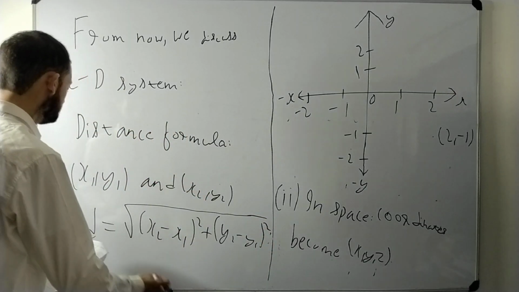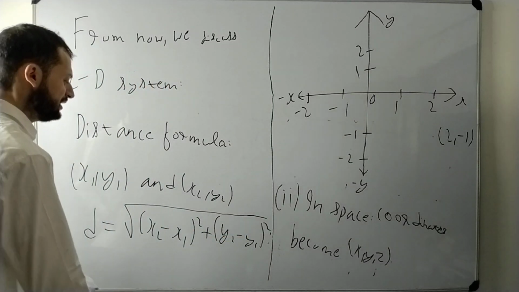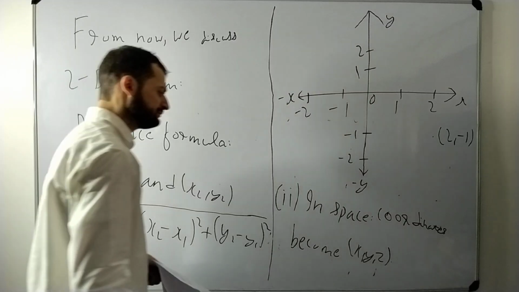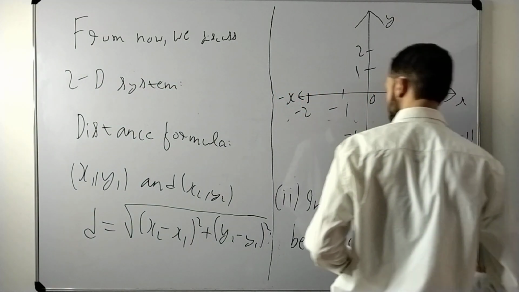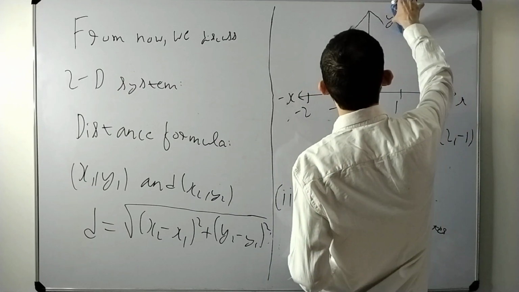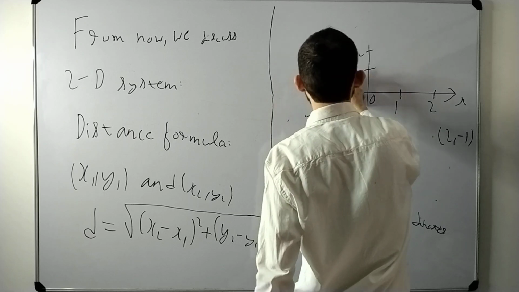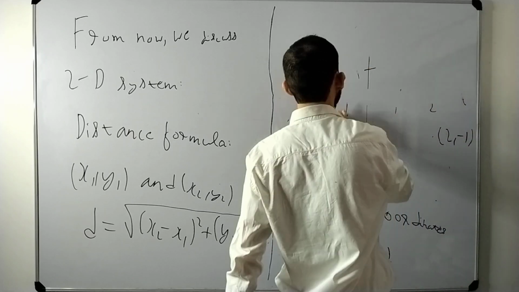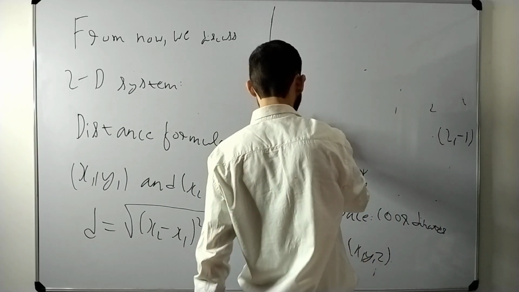This is how you would measure the distance of any straight line in coordinate geometry. So this gives the distance between the 2 points in a plane.